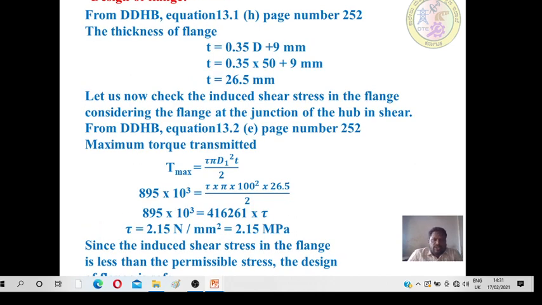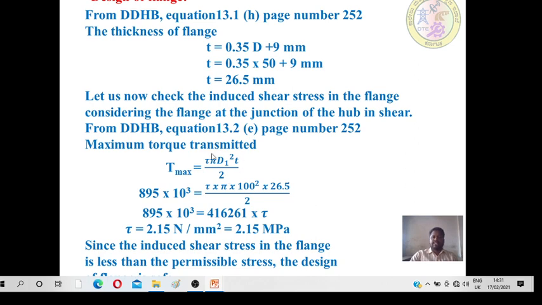Now let us move on to the design of flange. So from data handbook we have T equal to 0.35 D plus 9 mm. So from that we get T equal to 26.5 mm. Let us now check the induced shear stress in the flange. So this is the equation we find in the design data handbook in this page number, that is Tmax equal to tau pi d1 square into T divided by 2.